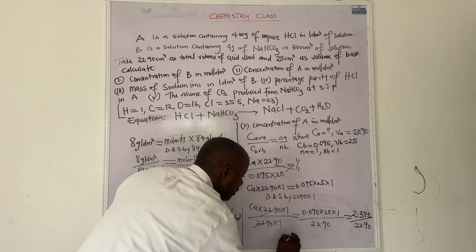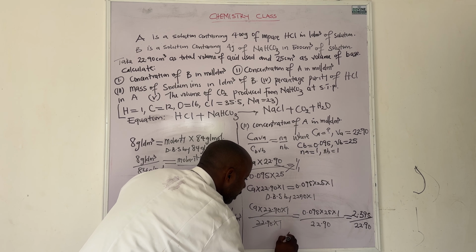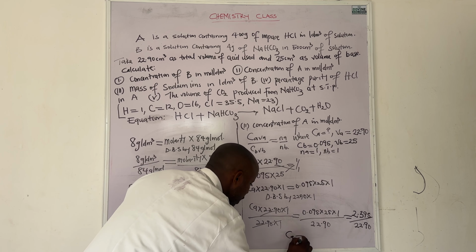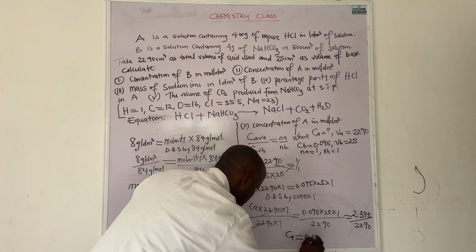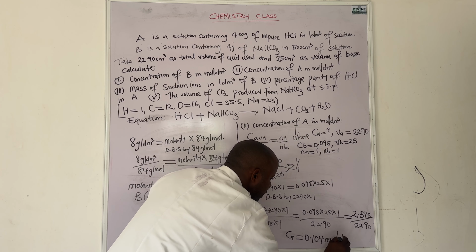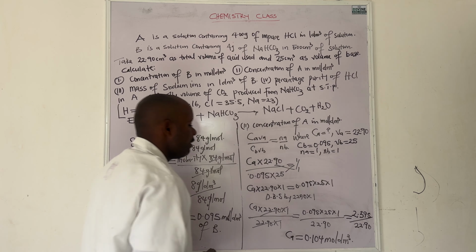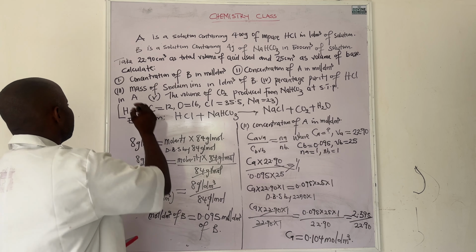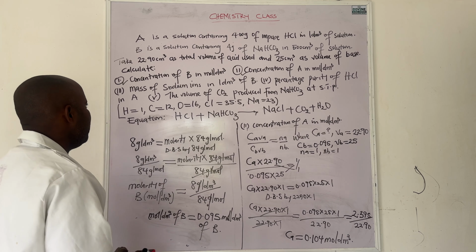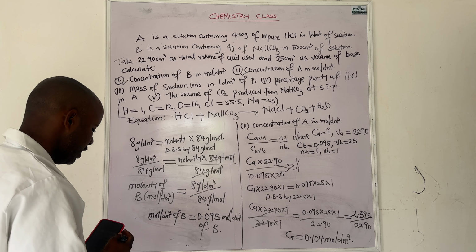So the concentration of A, which is CA, is equal to 0.104 mole per dm cube. All right, we have been able to solve for this. So the concentration of A and B is obtained accordingly.